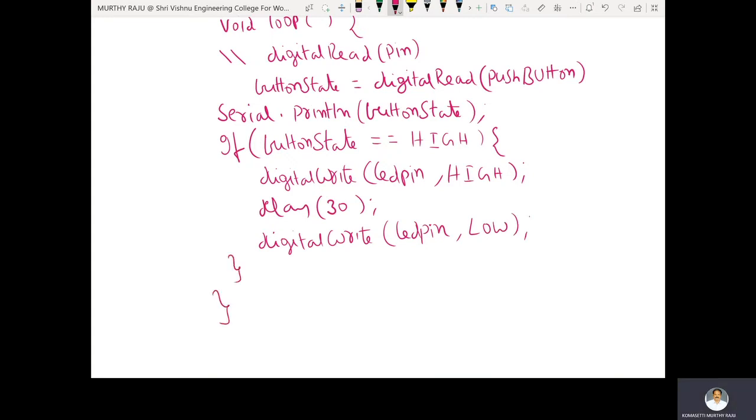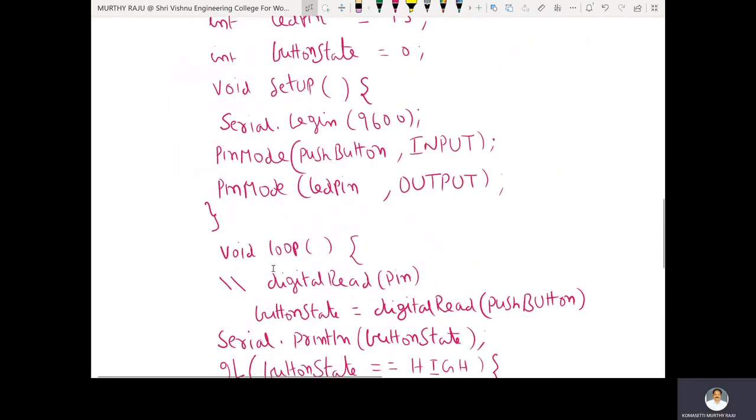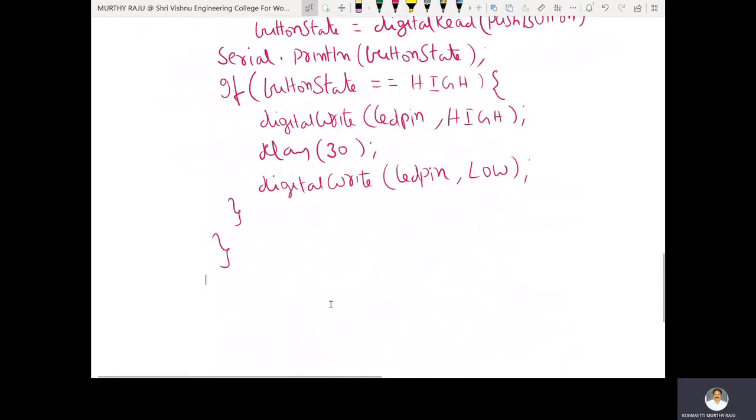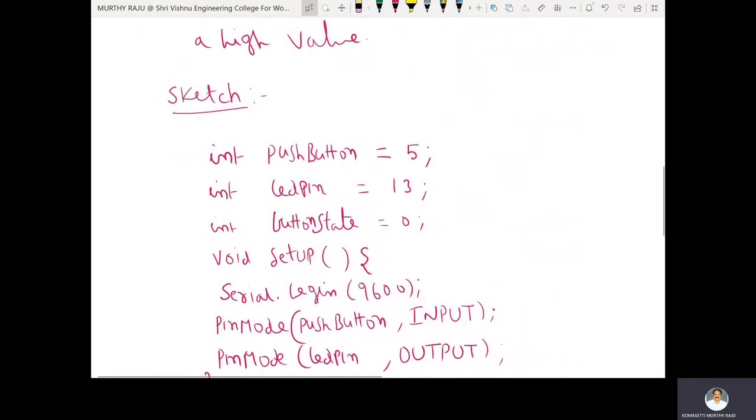Here we use closing curly bracket for if statement and closing curly bracket for execution loop. This is the program concept. Totally based on the push button condition, either pressing condition or unpressed condition, the LED is blinking.